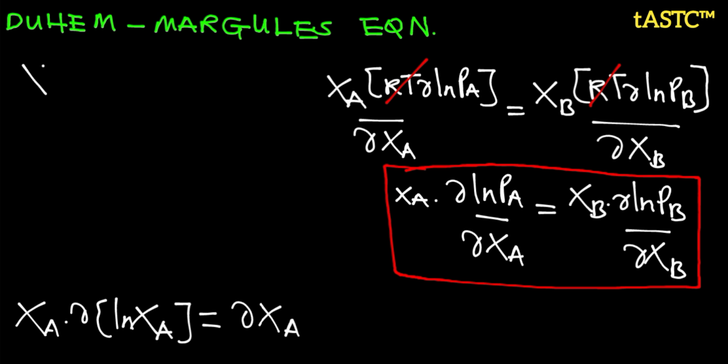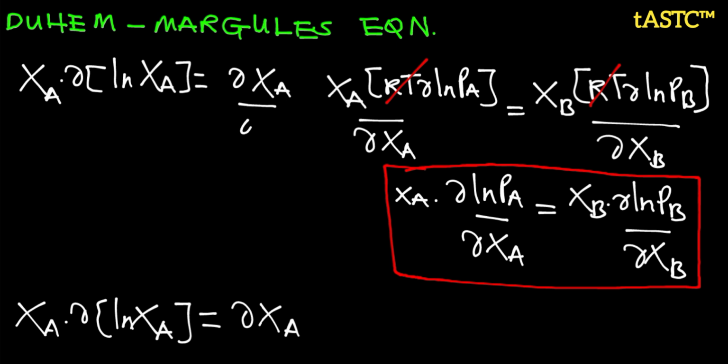So this is going to be x sub a d ln x sub a, and here we're going to have dx sub a divided by dx sub a. On this side also, I'm going to have a dx sub a. Now obviously this cancels out, and we're going to have this stuff.